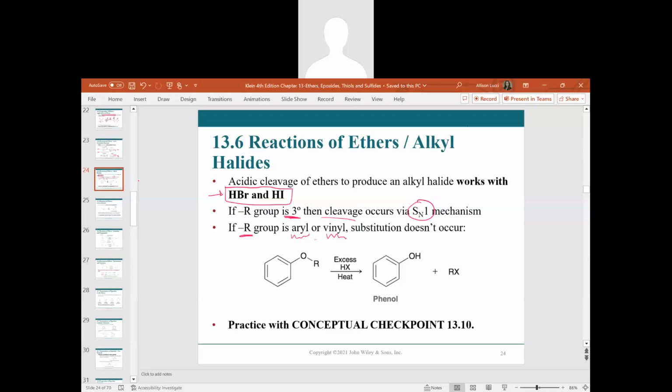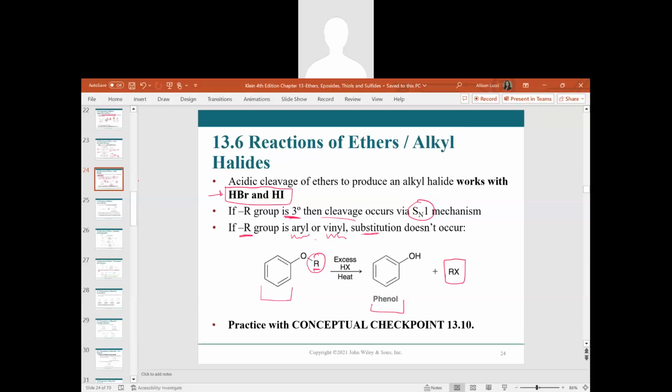And we actually would see, so say we have this R group here, and if we heated it with excess of that strong acid, this would remain a phenol, and the other side does not have that substitution occur. So this R group can be substituted, and we can form one alkyl halide with this phenyl ether.